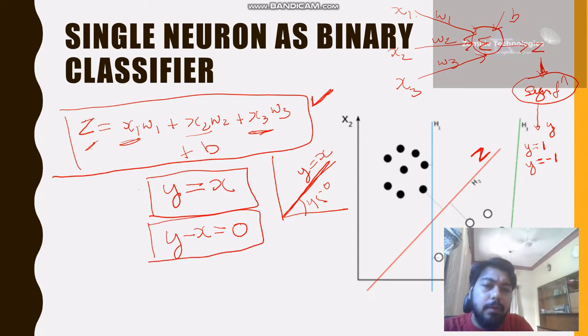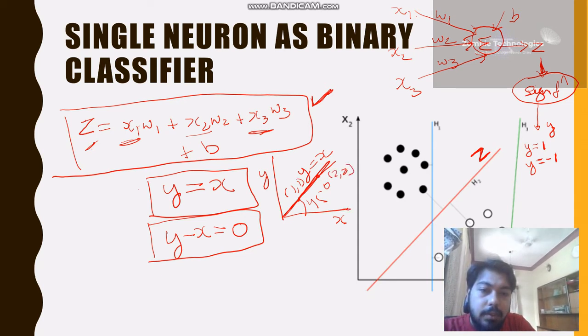We will see a few properties of a line. This is x, this is y. Let's say this point is 1, 1, this point is 2, 2, and so on.